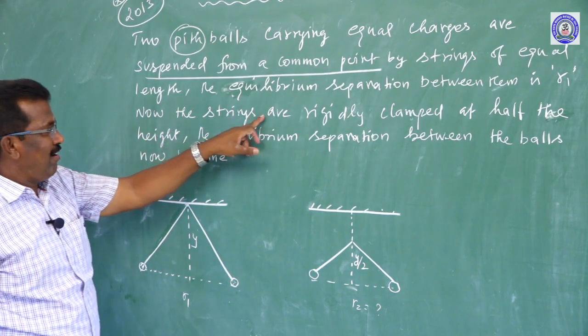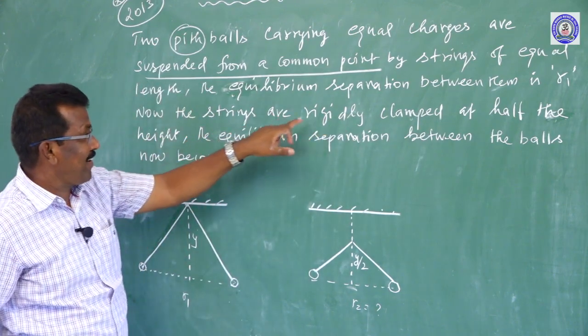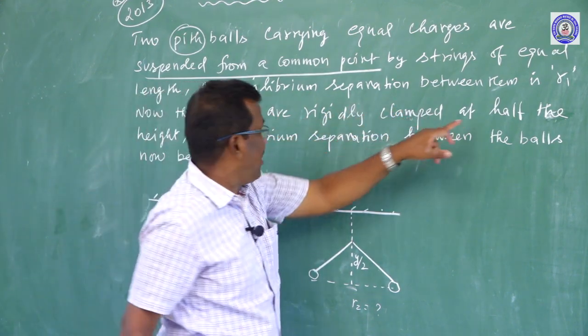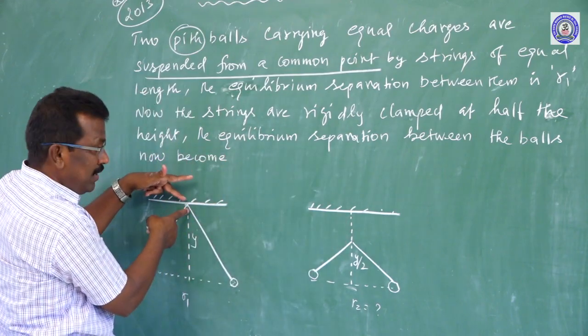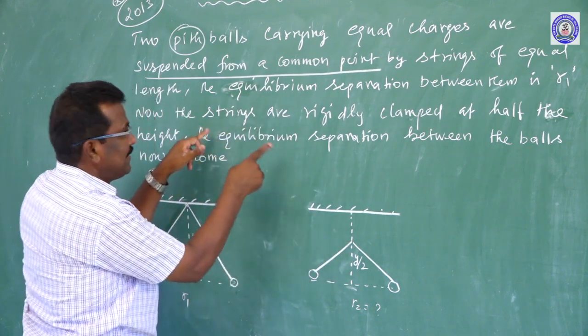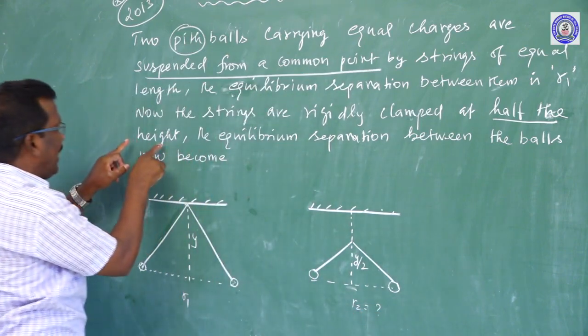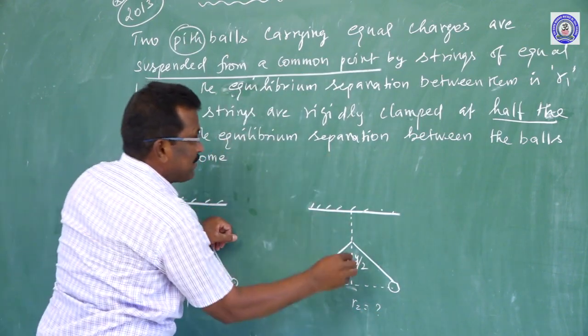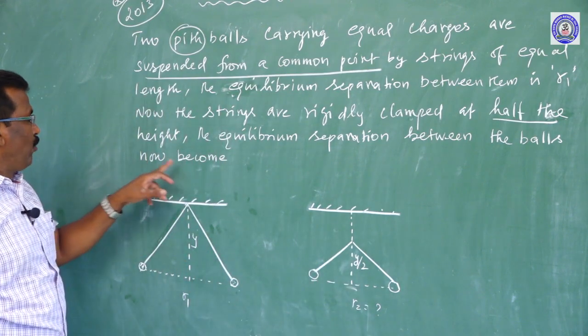Now the strings are rigidly clamped at half the height. Now the second case. The same pith balls are clamped rigidly, but at half the height. The equilibrium separation between the balls is R2.